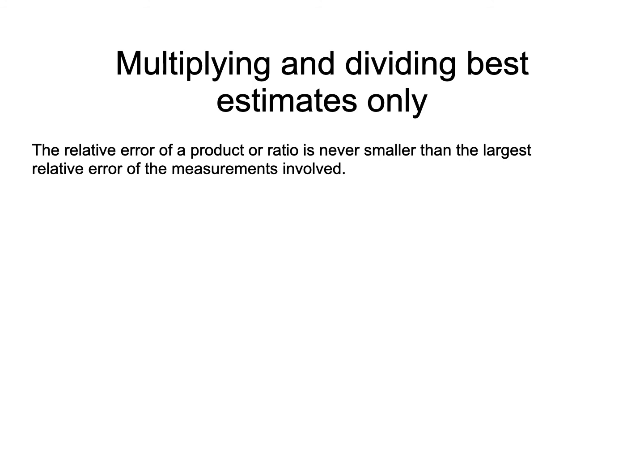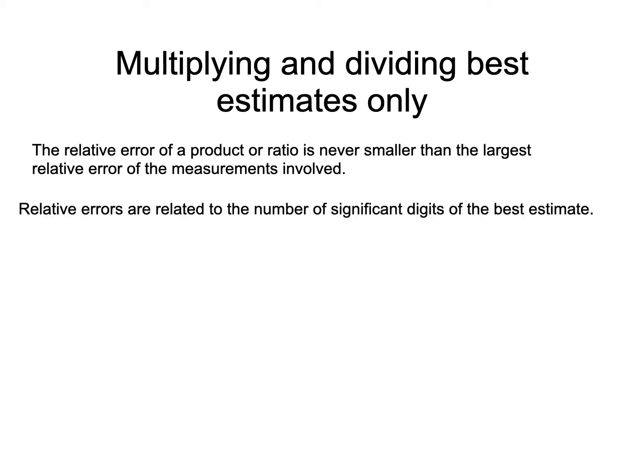When you work with best estimates only, like with theoretical calculations, you can still assign the proper number of significant digits to the result of a product or ratio by recalling that its relative error is at least as big as the largest relative error of the measurements. Relative errors are related to the number of significant digits of the best estimate.